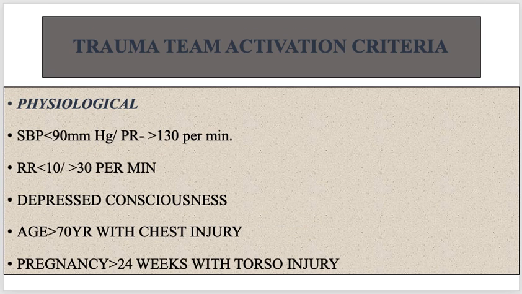Again, the physiological criteria: systolic blood pressure less than 90, pulse rate more than 130, which means the patient is in shock, or respiratory rate less than 10 or more than 30, altered level of consciousness, age greater than 70 with chest injury, pregnancy more than 24 weeks with torso injury.